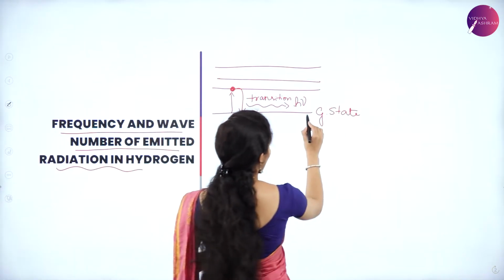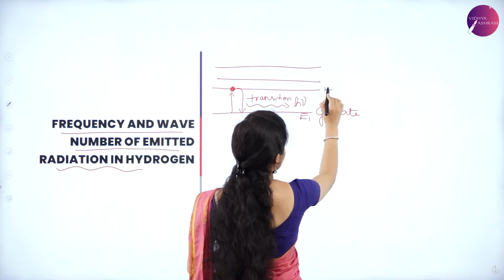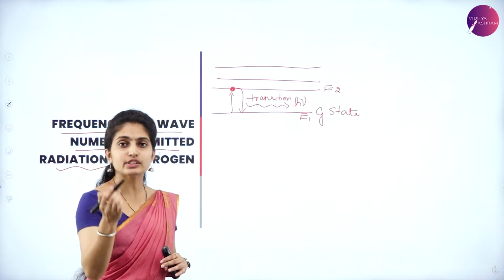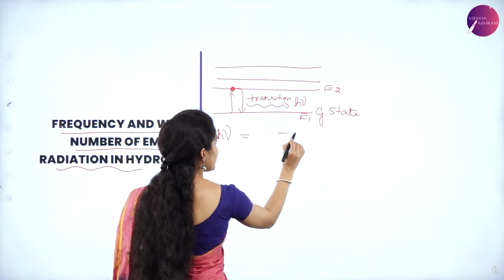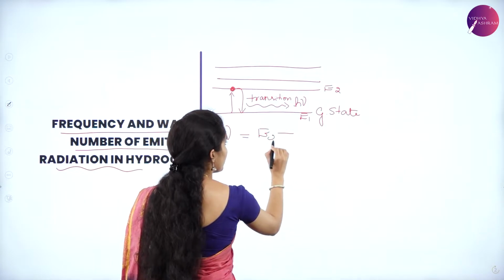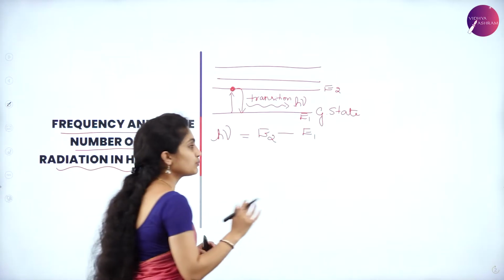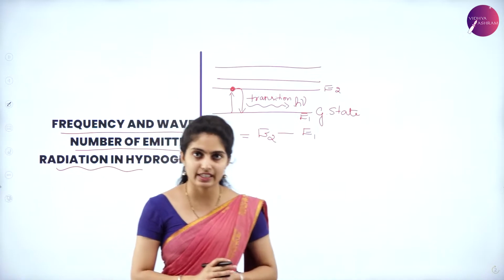Suppose the energy of this state is E1 and this state is E2. So how is this photon given? Photon is given by the difference between E2 minus E1, that is difference between two energy levels.